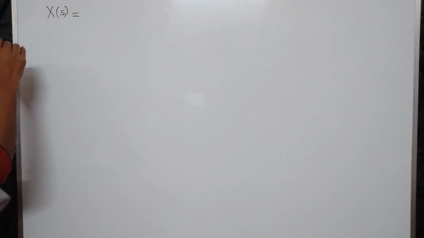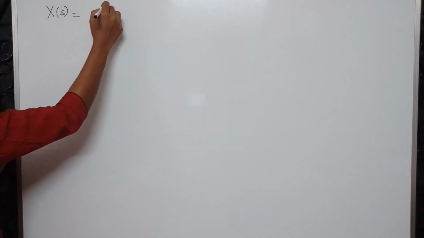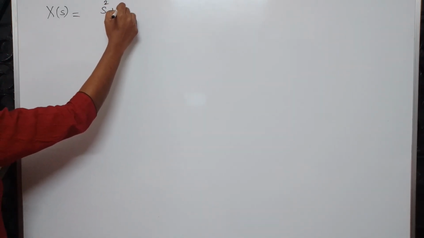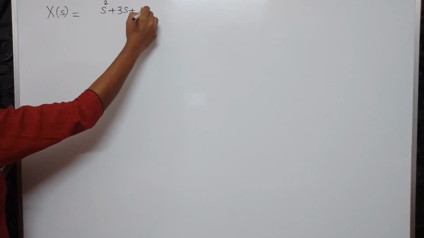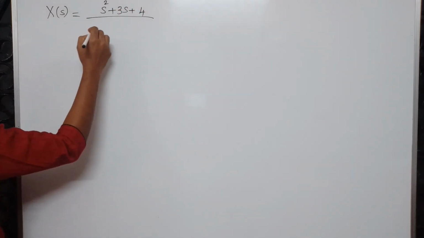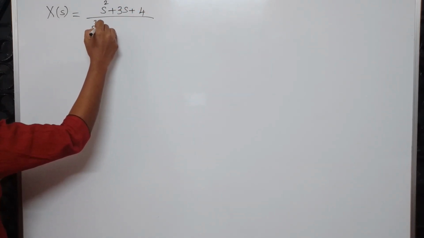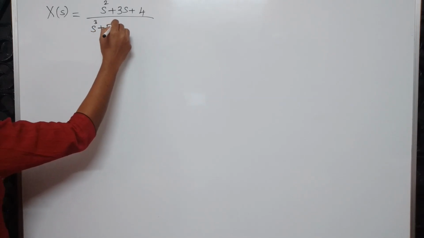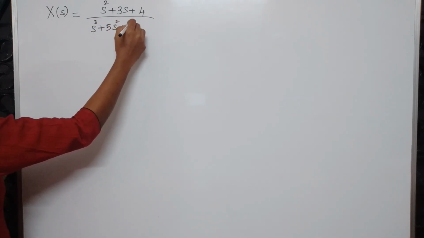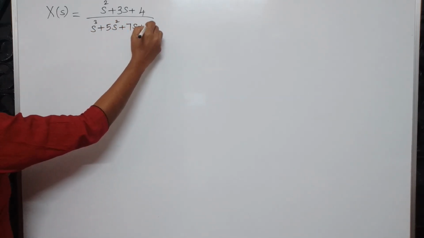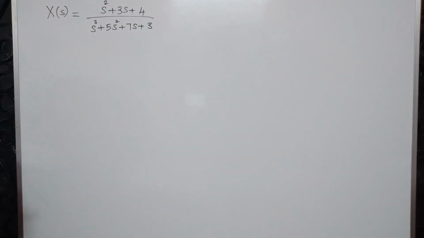Next question. Find the inverse Laplace transform of X of s equal to (s squared plus 3s plus 4) divided by (s cube plus 5s squared plus 7s plus 3). Okay.